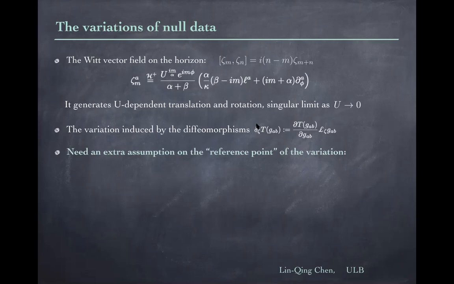If I'm looking at delta G or delta of some tensor, what is the reference point of things that are not moving? And so here we assume that the variation of the horizon generator along itself, along the null direction, does not change. So it corresponds to a fixed time foliation on the horizon.